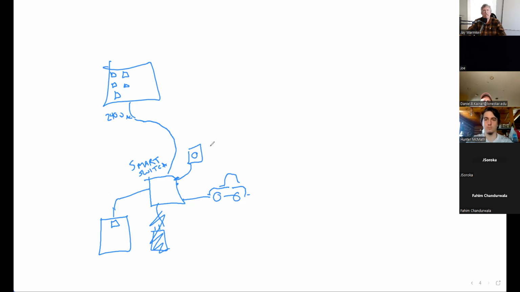All right, so how does this function? And see, I can also hook in a generator if I needed to. Here, it has a place for it. So when everything's functioning properly, the array is coming in. It's being switched all to my loads. It can also be switched over and be charging my electric car. Could be charging batteries if I needed to.